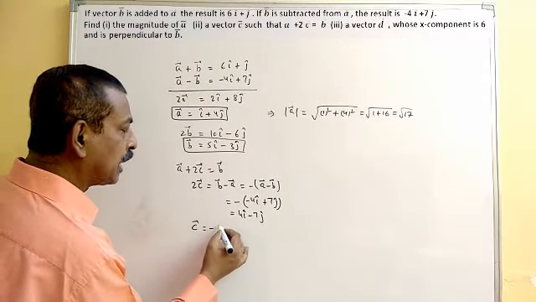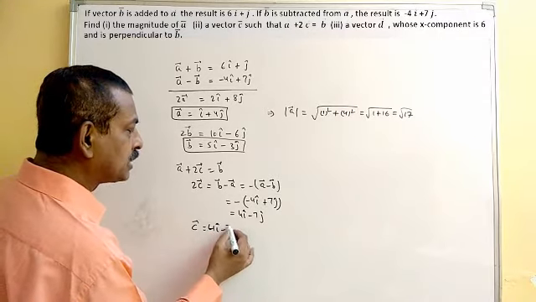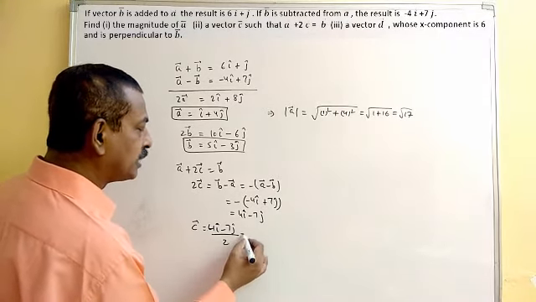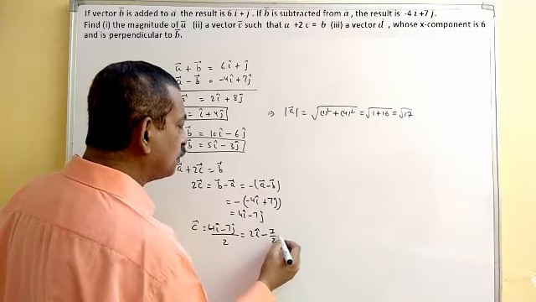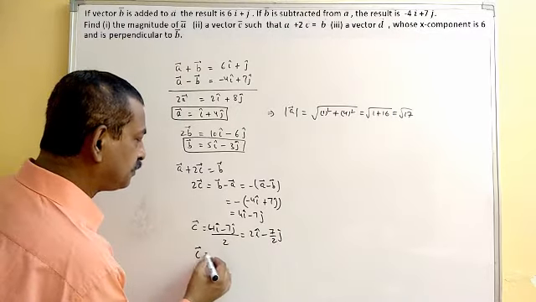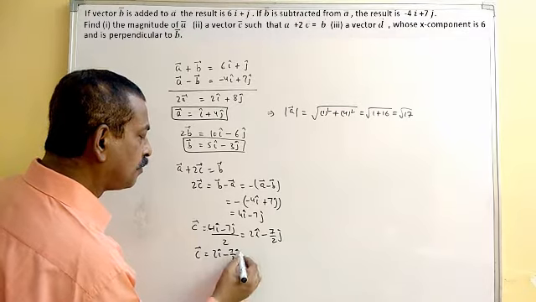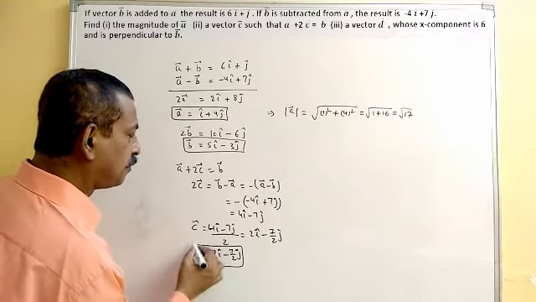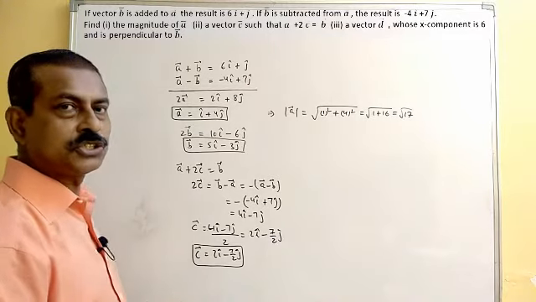This will be 4i minus 7j, the whole term divided by 2. So this is your 2i minus 7 by 2 j. This is your vector c. So this is how you can find vector c.